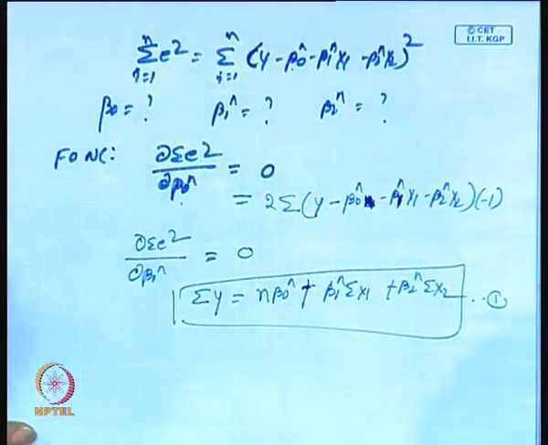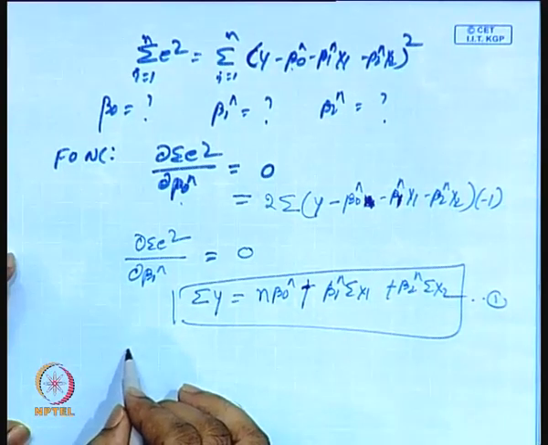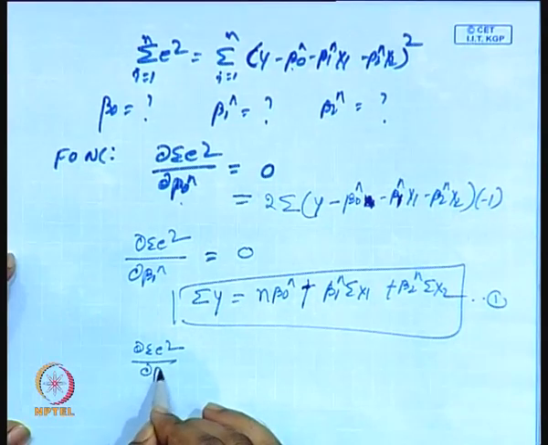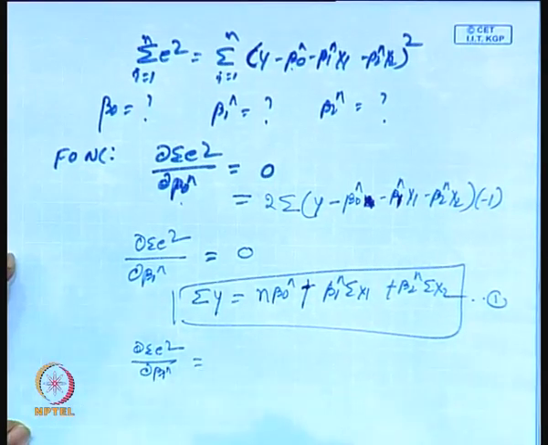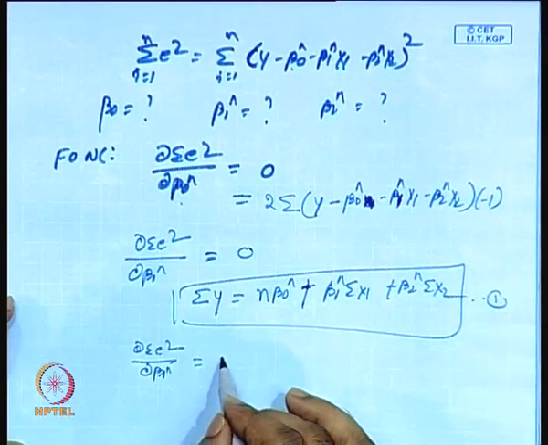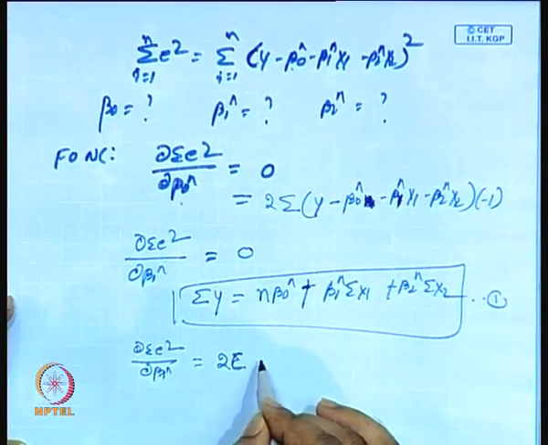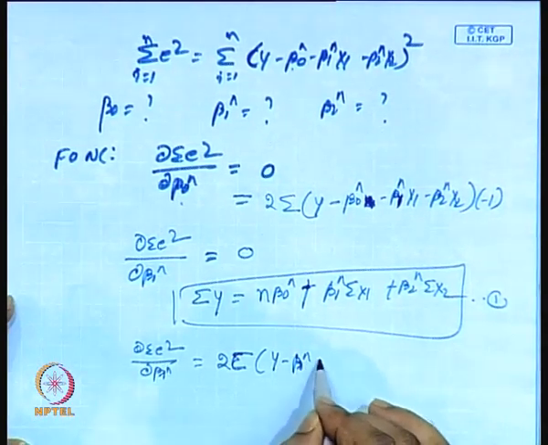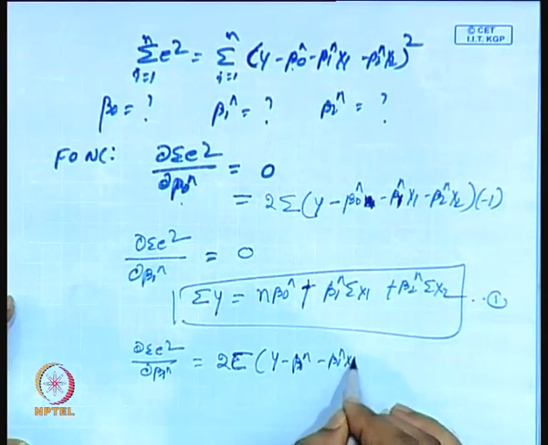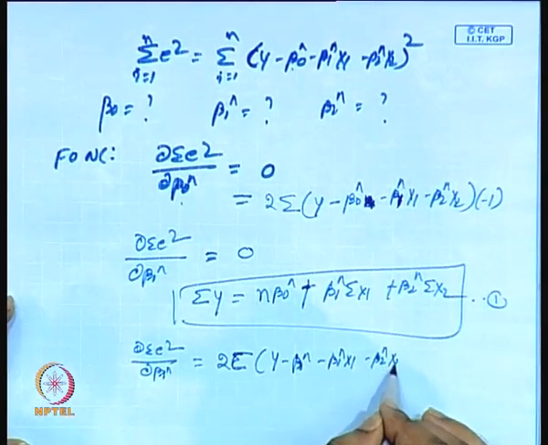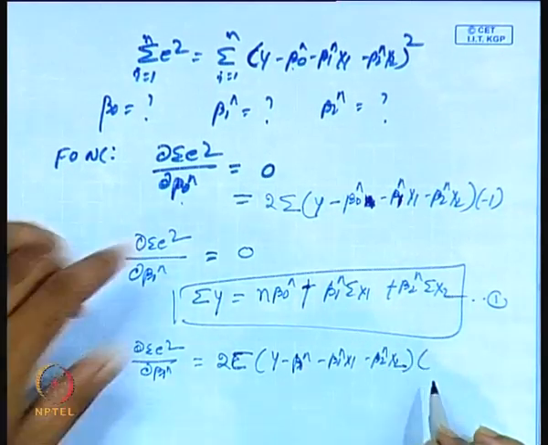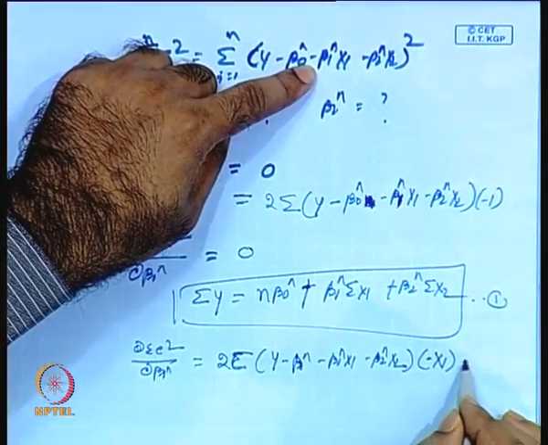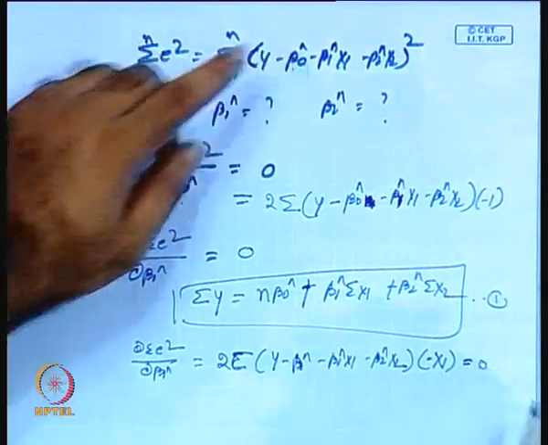The next step is to solve d summation e squared by d beta 1 hat, which means 2 summation of y minus beta 0 hat minus beta 1 hat x1 minus beta 2 hat x2, into minus x1, is equal to 0.